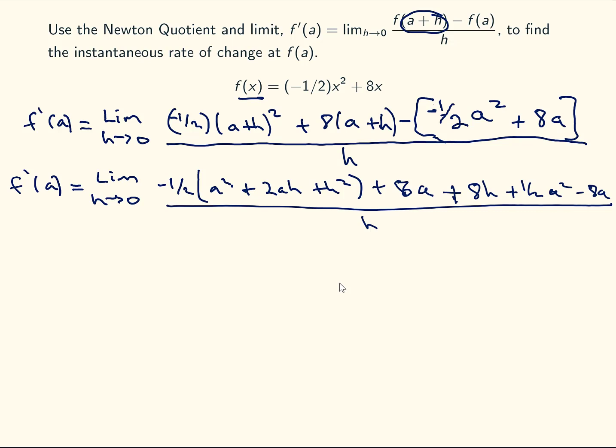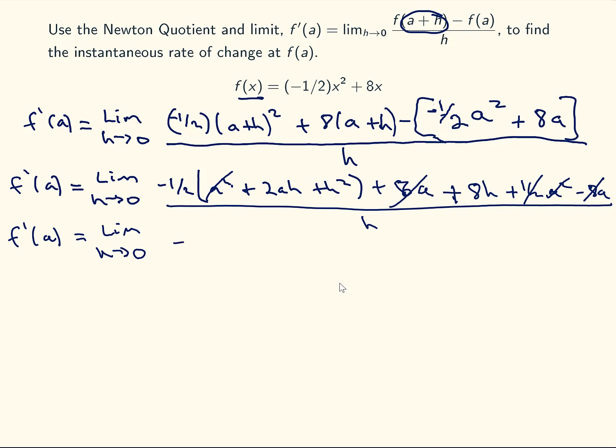Now looking at the numerator, we can do a little simplifying. We've got an 8a and a minus 8a here and here. And I can see that this a squared and this a squared over here are going to cancel each other out. So now let me rewrite this. I've got f prime of a is equal to the limit as h approaches 0. We've got negative 1/2 times 2ah.